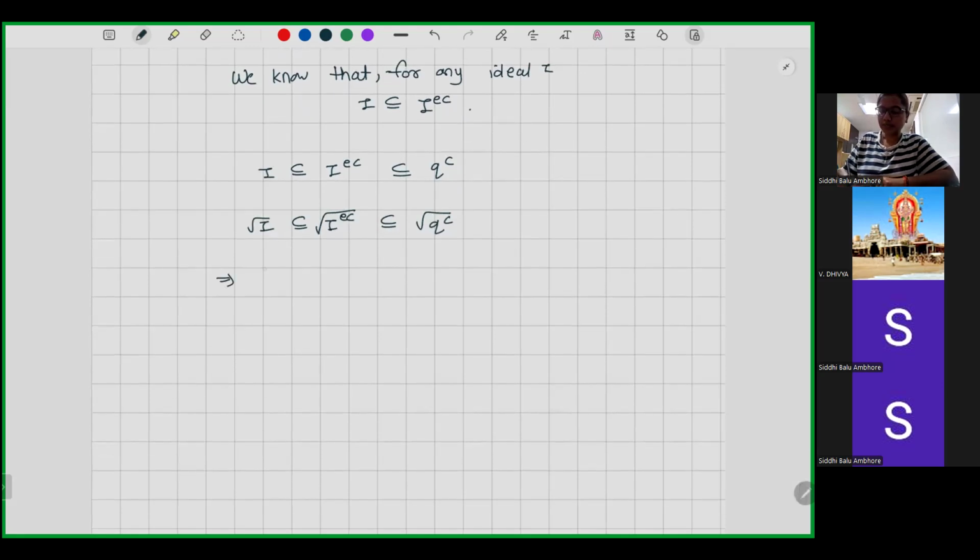But the radical of I is this maximal ideal M, and Q contraction will be a prime ideal because Q was a prime ideal. Its radical will again be a prime ideal, right? So M will be contained in Q contraction, since the radical of Q contraction is again a prime ideal.